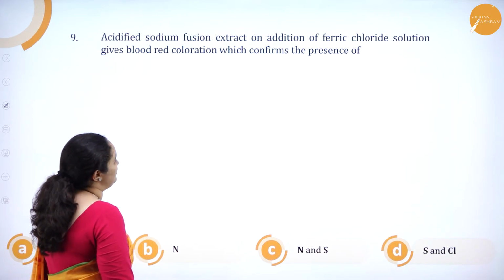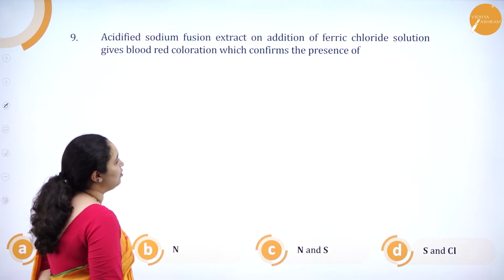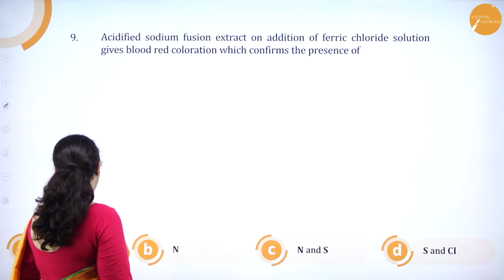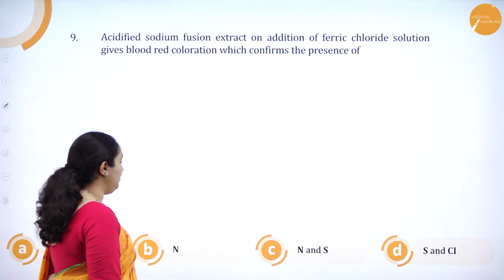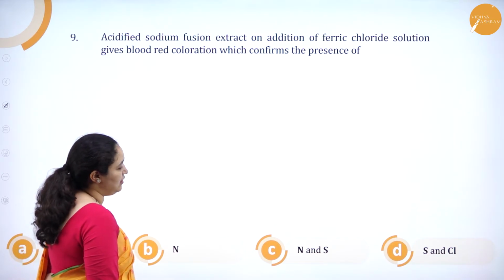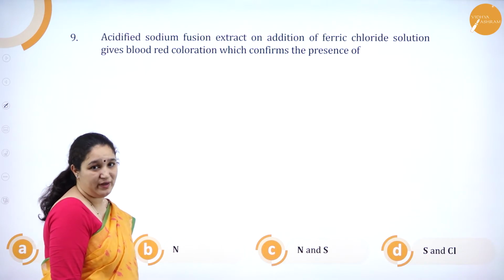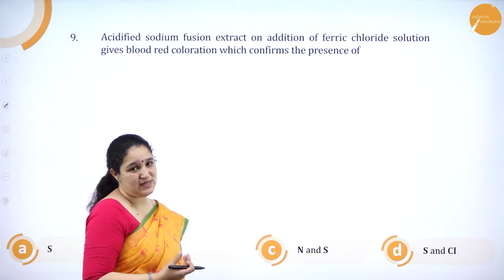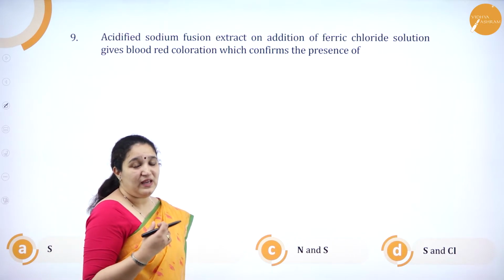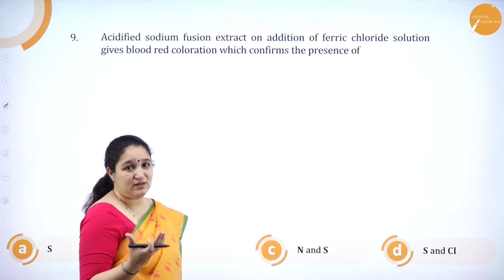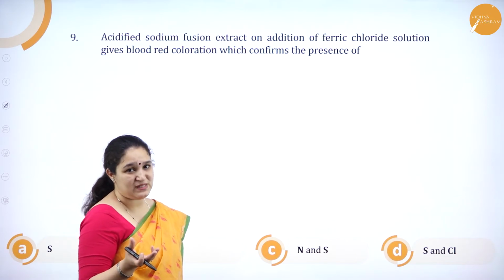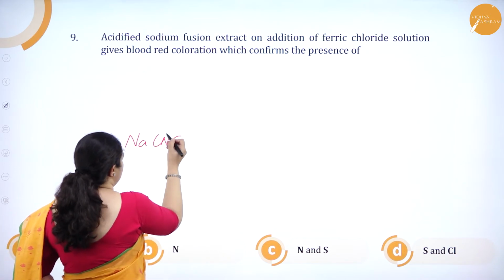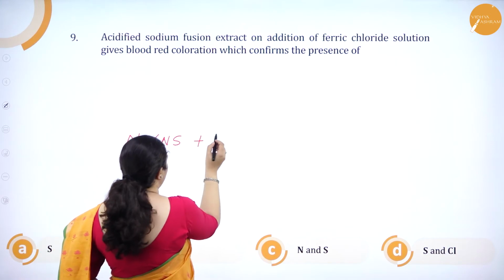Acidified sodium fusion extract on addition of ferric chloride solution gives blood red coloration, which confirms the presence of: A, sulfur; B, nitrogen; C, nitrogen and sulfur; D, sulfur and chlorine. So here what is added to the sodium fusion extract? Ferric chloride solution is added. So what happens is, if it gives blood red color, then both nitrogen and sulfur should be present. That is sodium with CNS, that is thiocyanate.